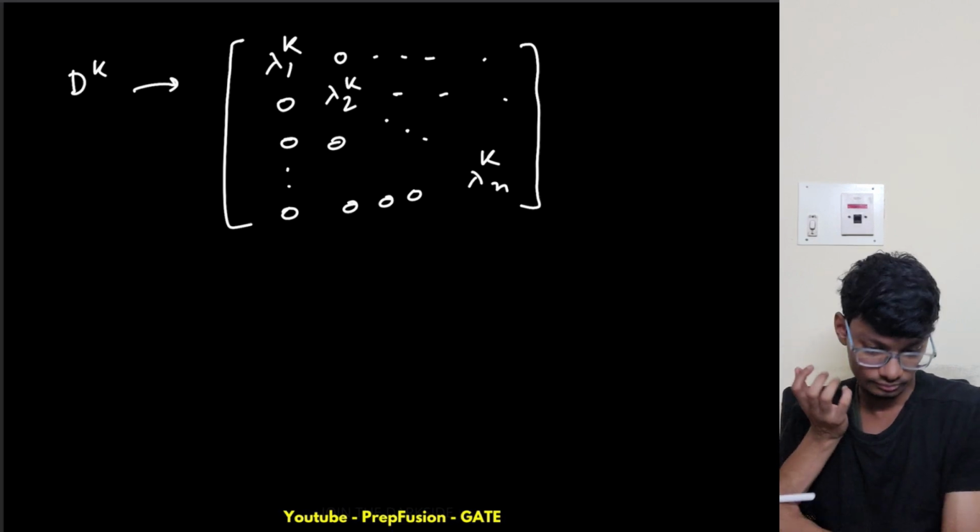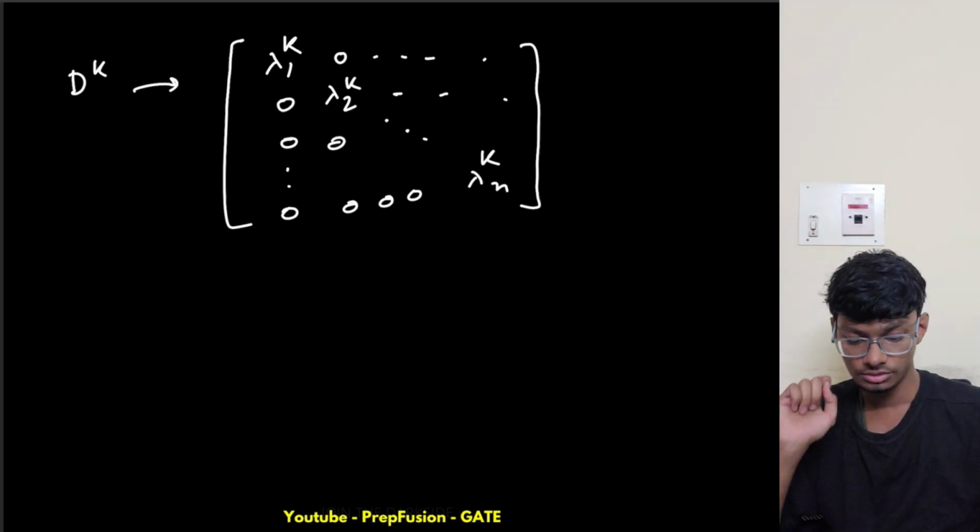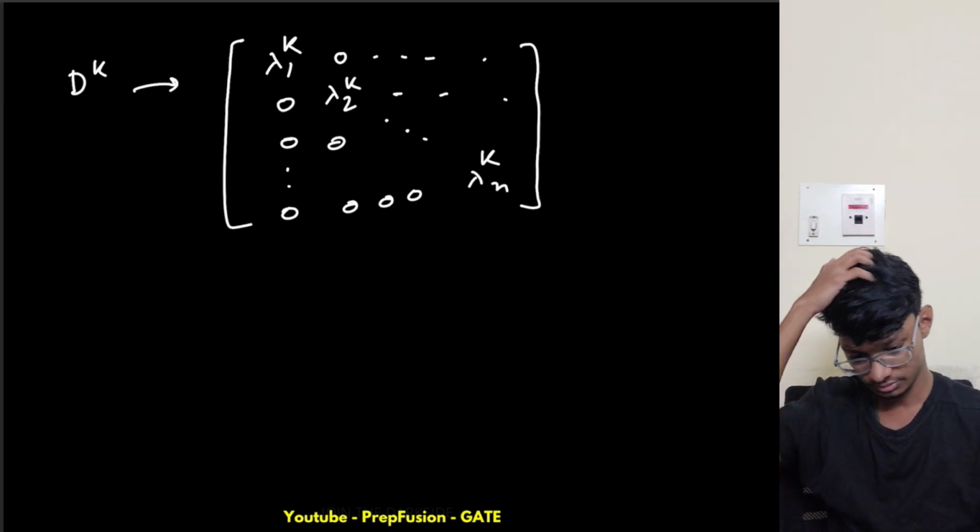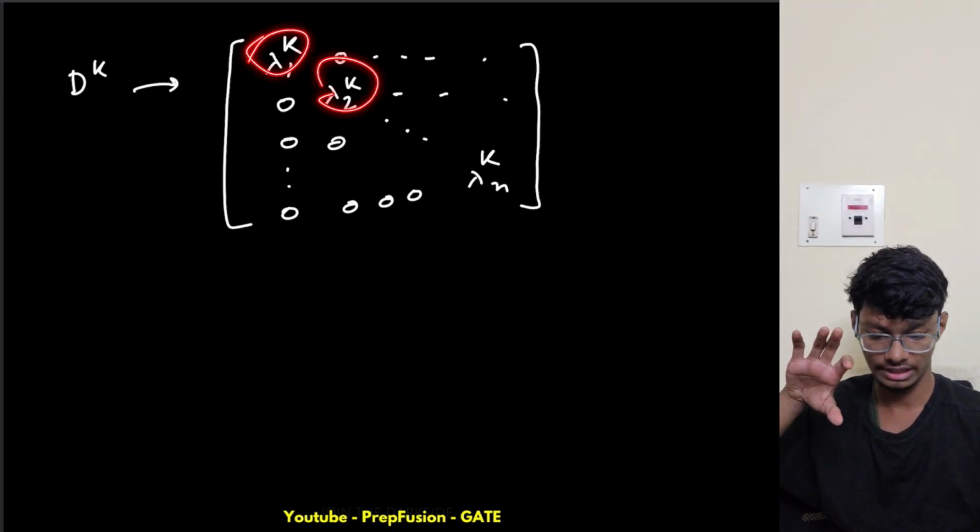So again, what will happen to the eigenvalues? If the diagonal matrix is raised to the power k, the eigenvalues are these diagonal elements, right?